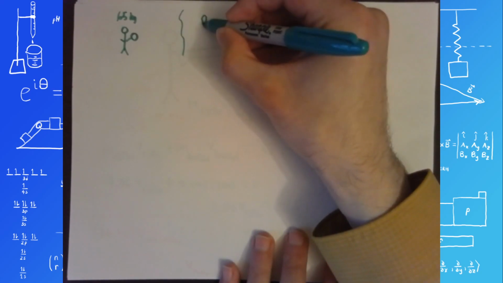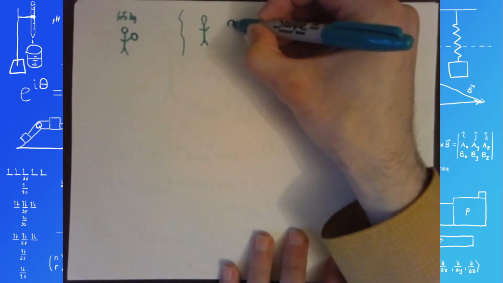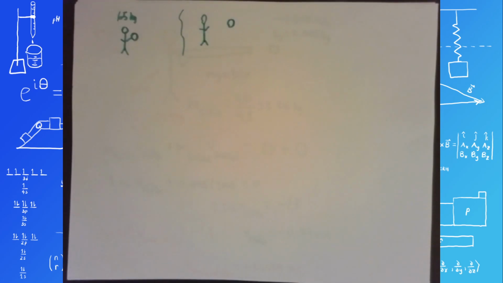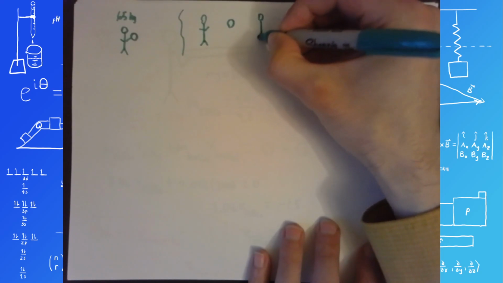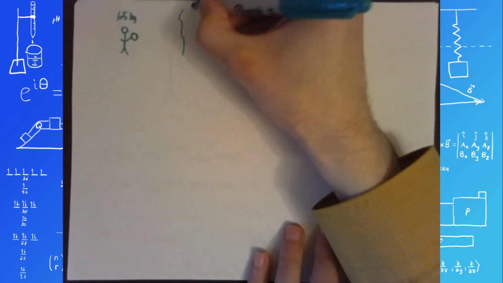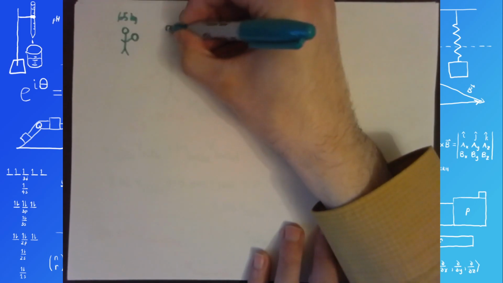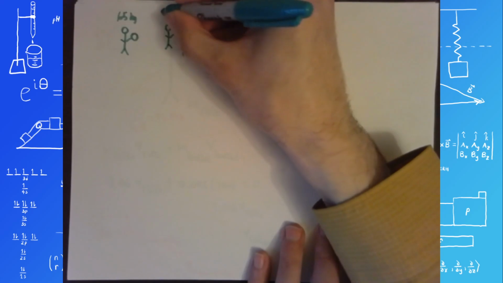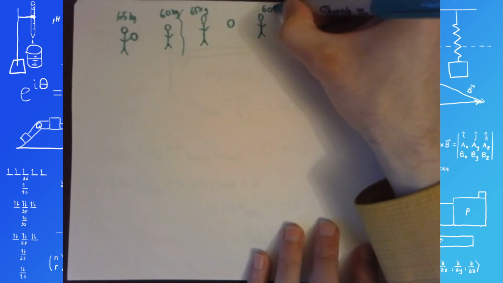Sometime later, they have thrown the snowball towards, let's see, a second person with a mass of 60 kilograms. So here's our 65 kilogram person. I guess we'll redraw the 60 kilogram person over here. And here is their 60 kilograms again.